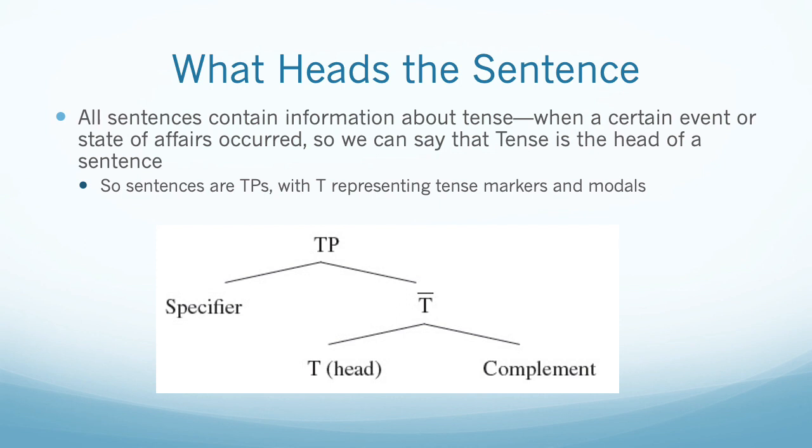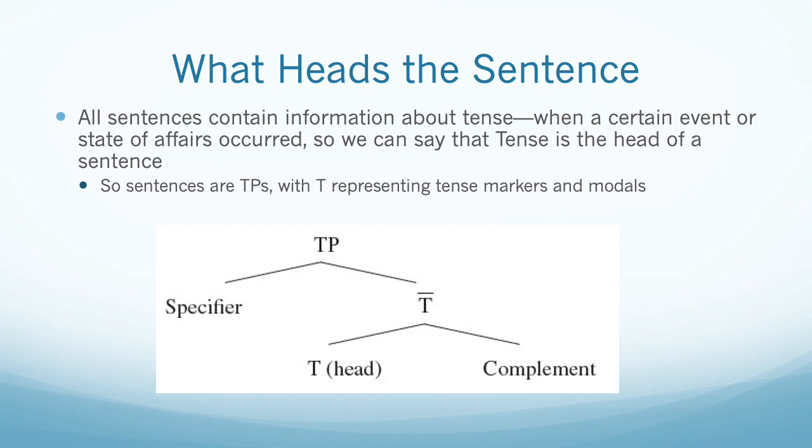So if we were to start to draw out a sentence diagram for a sentence using this idea of tense as the head, we would call the sentence a tense phrase, TP at the top, and then continue down with that same structure as before, branching out twice with the specifier on the left, and then the T bar level on the right.